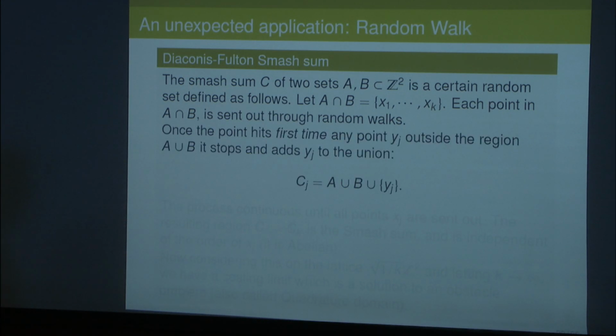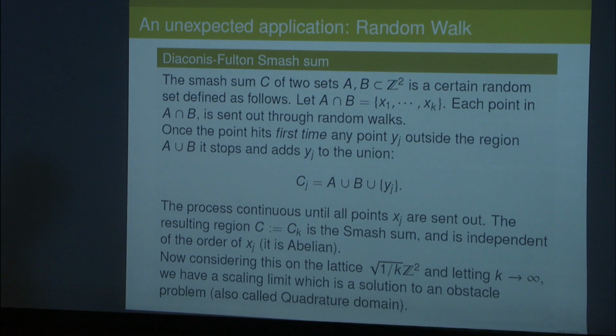So another problem, which is actually quite pretty nice, is that it's related to random walks. And think of the following. I will explain it to you. So think of this as a smash sum here. Think of two domains that are overlapping partly. So the picture is like this.